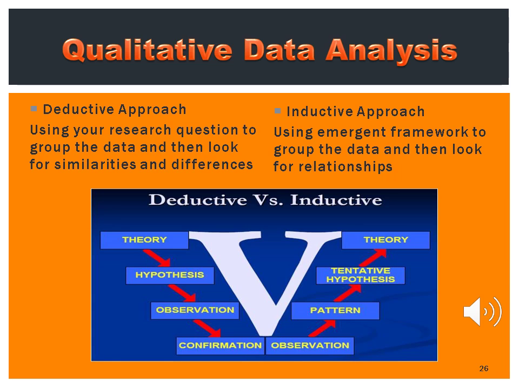One is called the deductive approach, which is using the research questions to group the data and looking for the similarities and differences. For example, we are assuming that DUI checkpoints will decrease the deaths due to DUI, and we do the research and we confirmed that our theory is true.